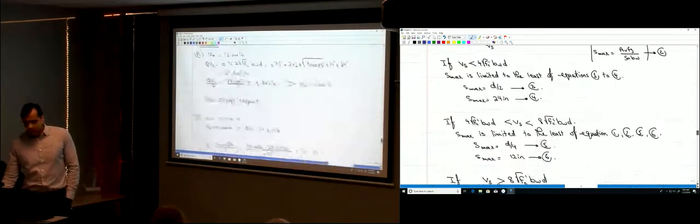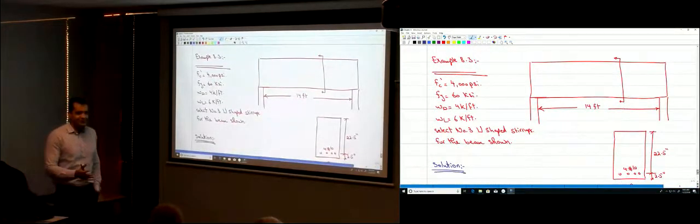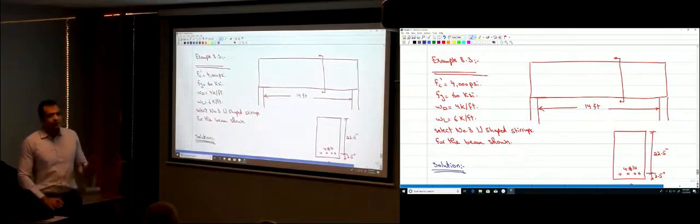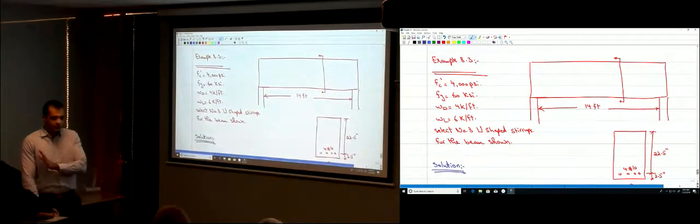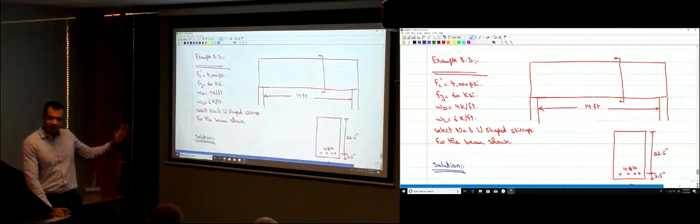At the end, when you graduate, you're usually not going to have a simple beam like this. You're going to have a complicated structure. How to find Vu for that complicated structure, you learned that in structural analysis 1 and structural analysis 2, okay? So right now I'm not complicating the way you find Vu, but in real life, finding Vu is more complicated than this, okay?